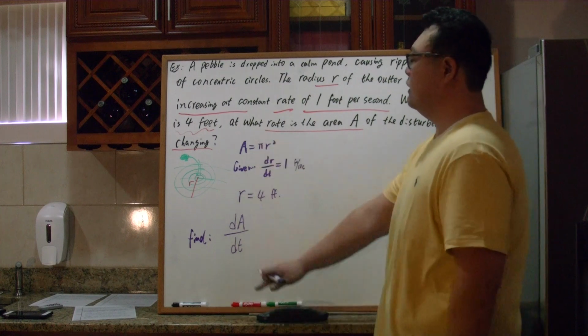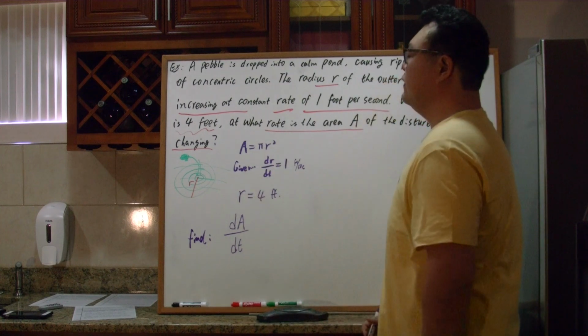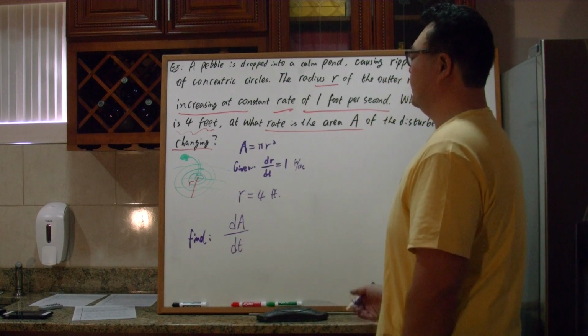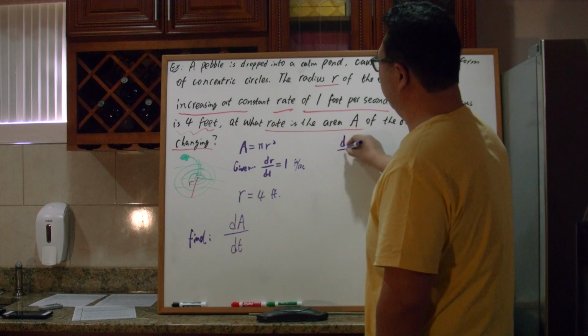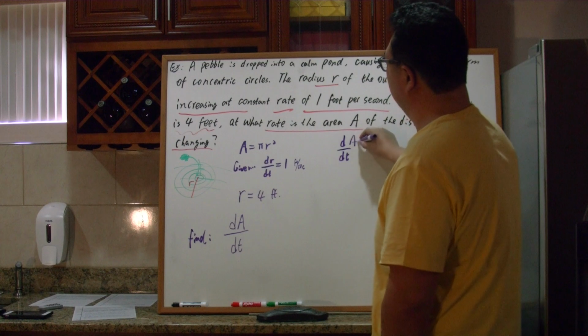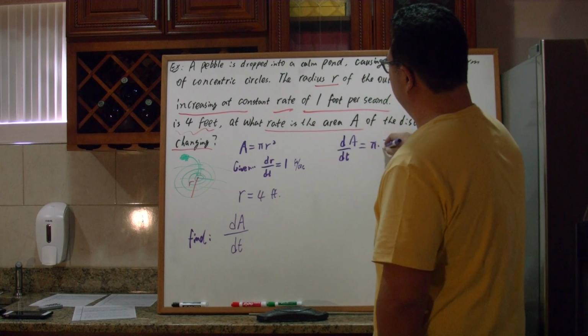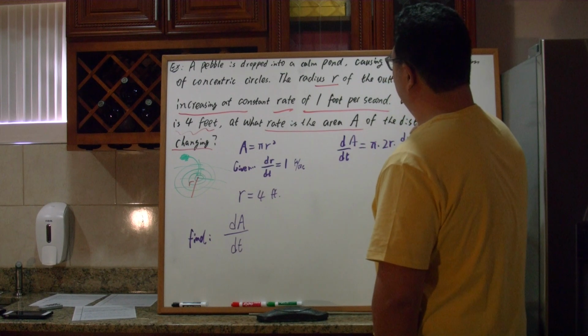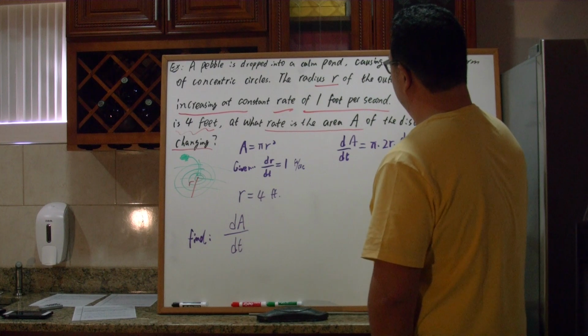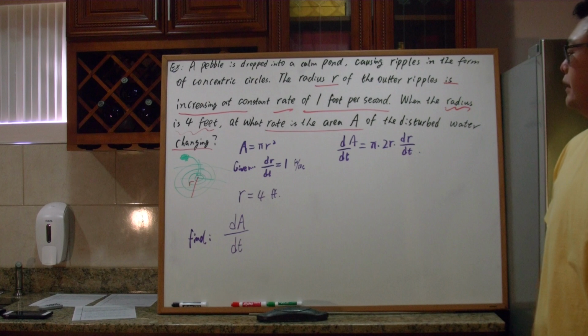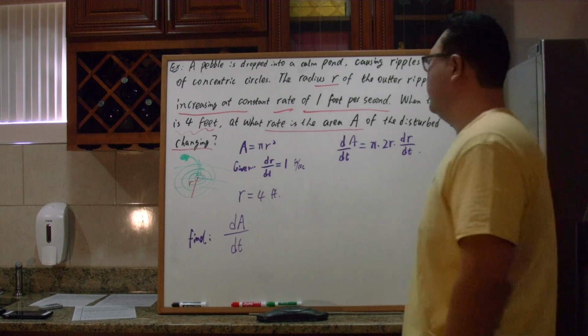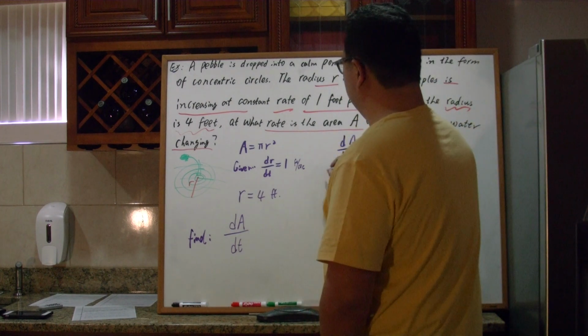So we know that the formula for the area of the circle is A equals pi r squared. We differentiate over time: pi times 2r, and the radius is also a function of time. So dA/dt equals pi times 2r times dr/dt, where dA/dt is what we are looking for.